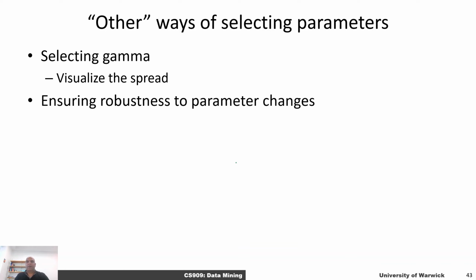So let's say we have got a classifier that only gives, let's say, 0.95 AUC ROC only when the C value is equal to 100 and the gamma value for the RBF is 0.1.